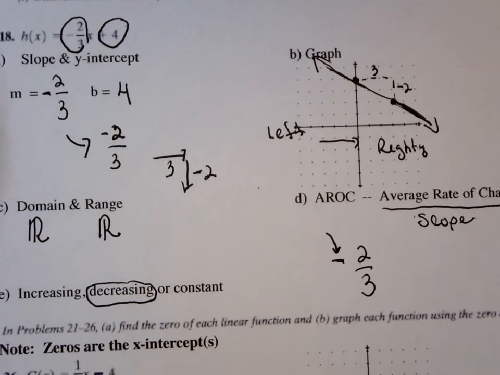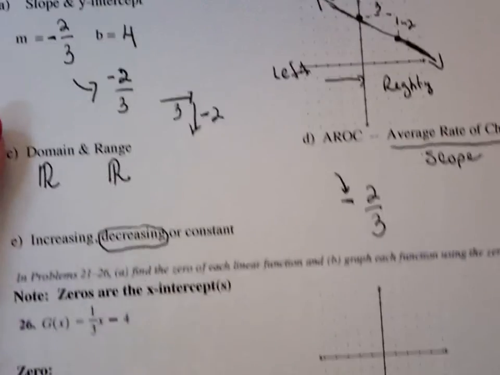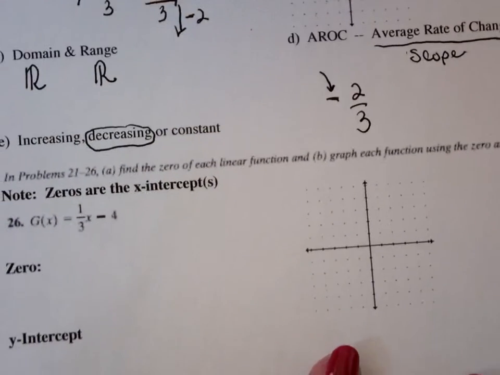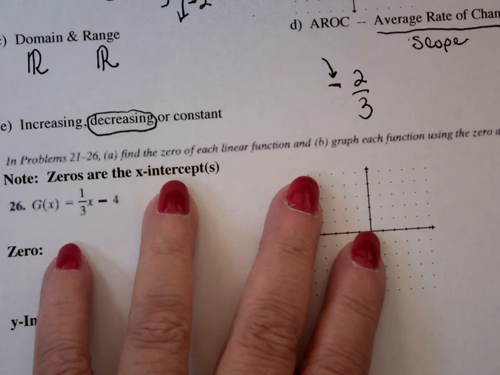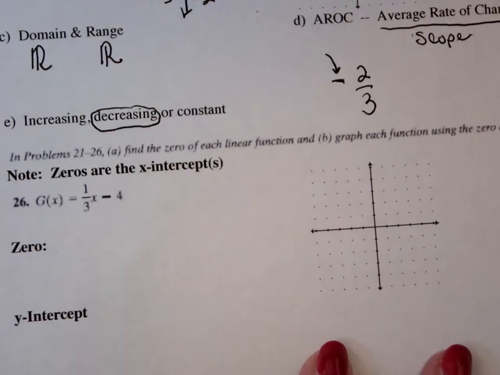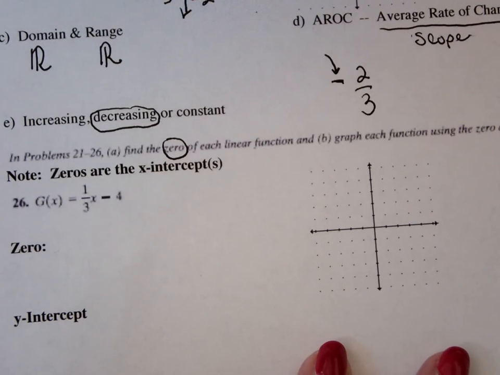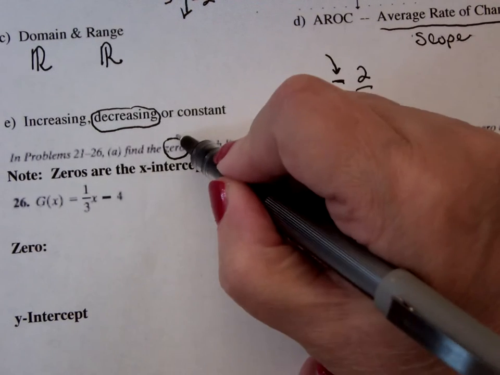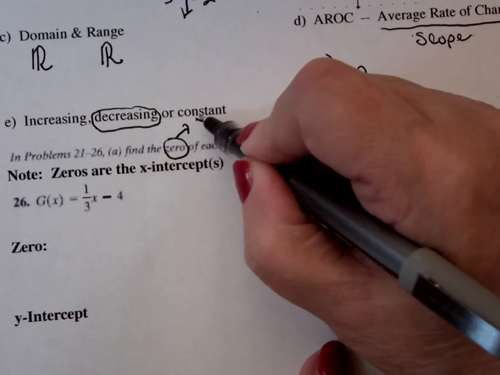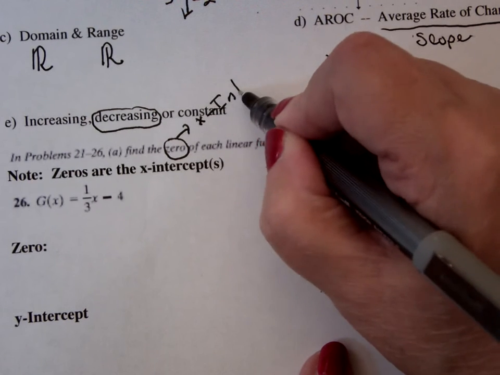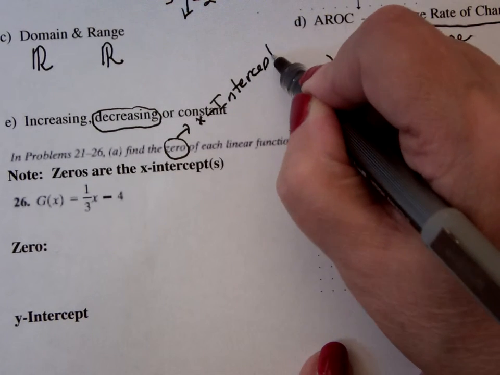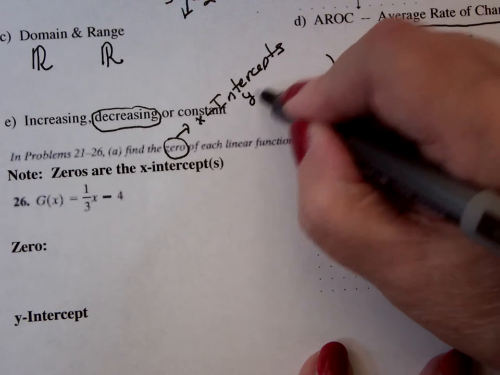So some new nomenclature, new vocabulary. Now here we go again. It says find the zero of each function. For us, we're going to pick up additional words. Zeros are really x-intercepts because y equals 0.